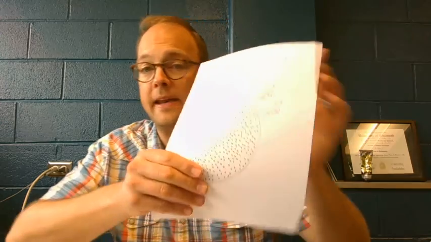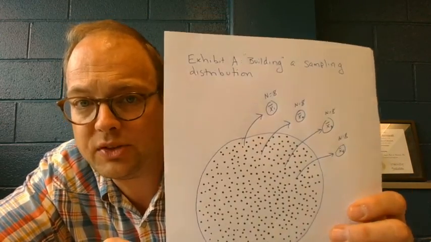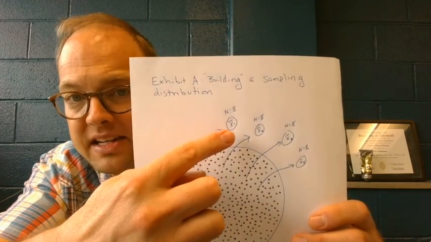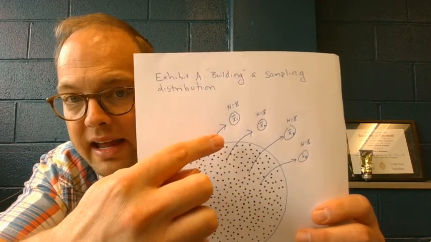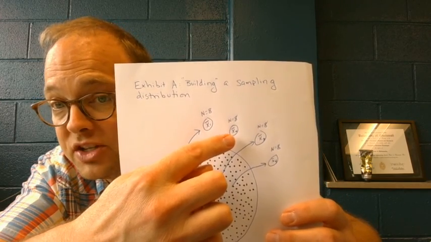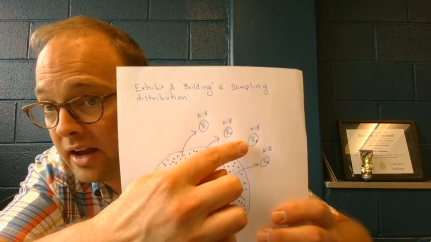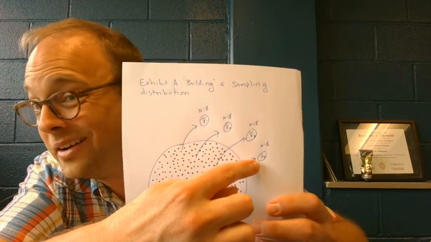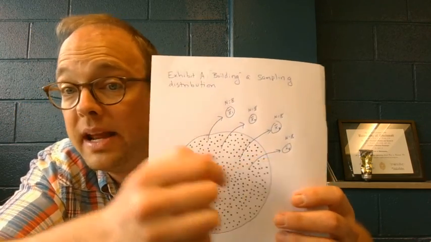Each one of these samples, and I'll make a note on this as well, n equals 8, n equals 8, n equals 8, n equals 8. So I drew a sample of 8, calculated the mean age, and threw them back in. Drew another sample of 8, calculated their mean age, threw them back in. Drew another, and then yet another, calculating the mean age each time and throwing them back in.